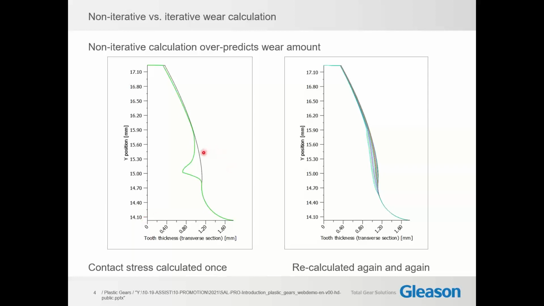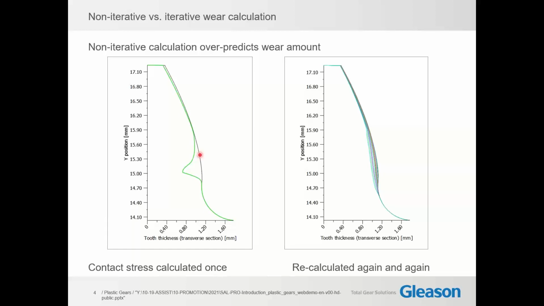What we do is we start with the original tooth form. That is the black line, like an involute. It may contain modifications. Then what we do is we run a loaded tooth contact analysis, means we calculate the true stress distribution on the whole flank. Once we know the true stress distribution on the whole flank, of course, we also know the sliding speed depending on the position on the flank, or rather as a function of the diameter.